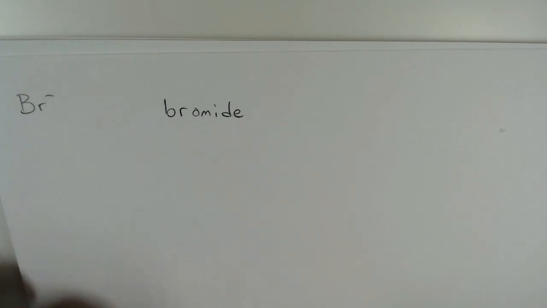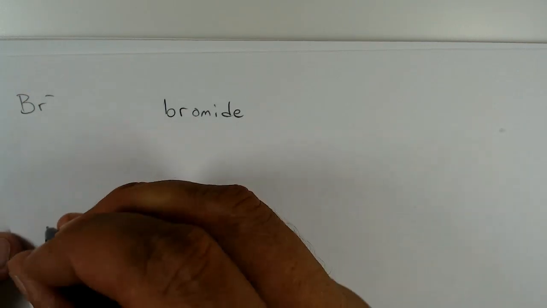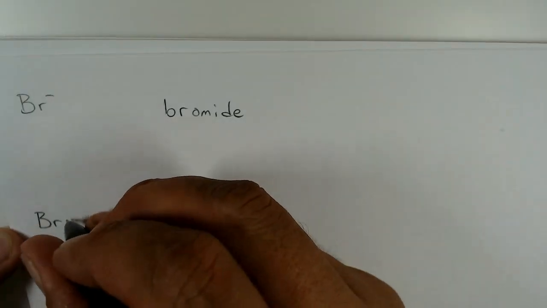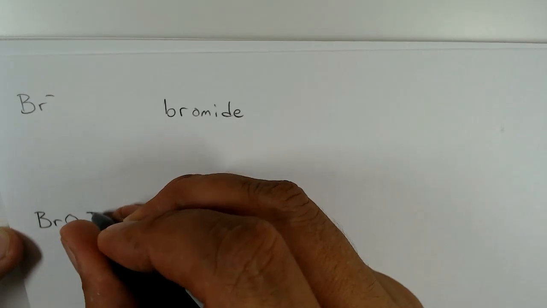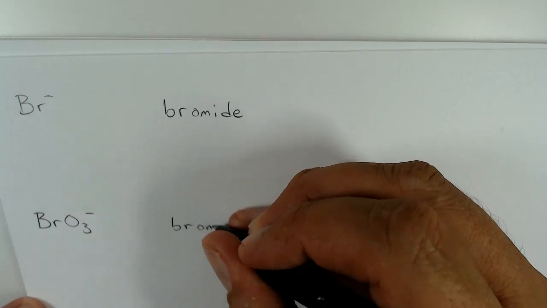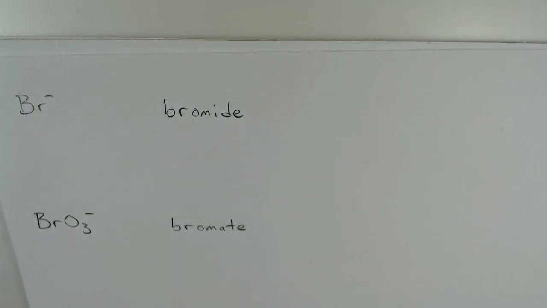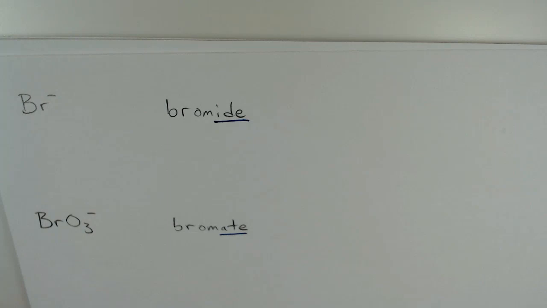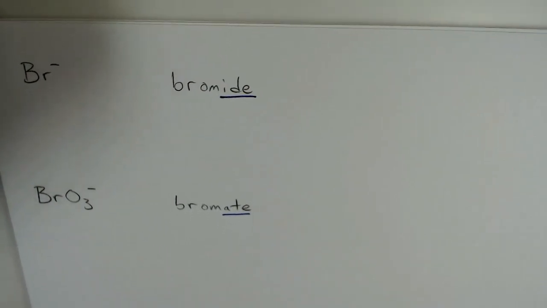So if you recall, what I call the base version is the one with the ate on there. That is the one with 3 oxygens. So this one has the ending of bromate, ATE. Once again, what that means is you have an oxyanion that has the base amount of oxygen atoms in there. IDE ending means that you have only that particular ion. There's no oxygen involved.